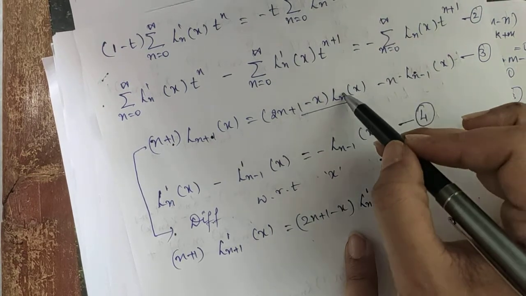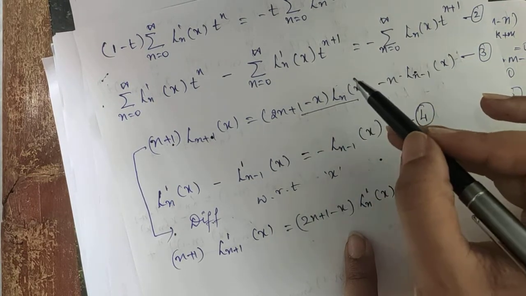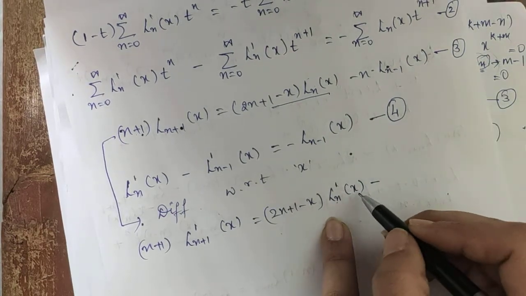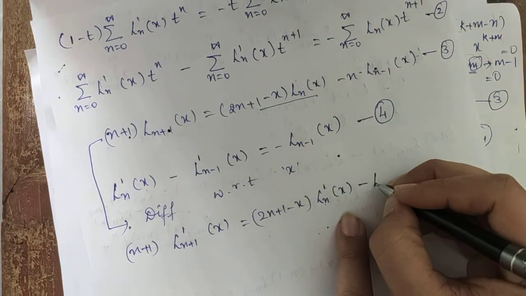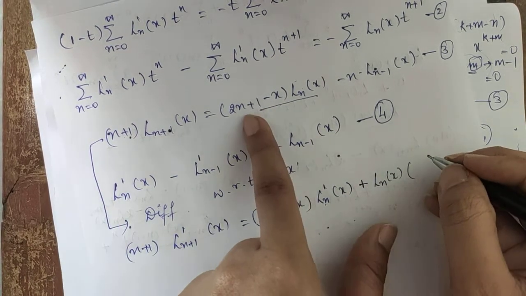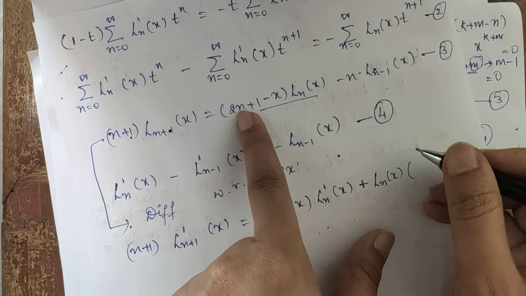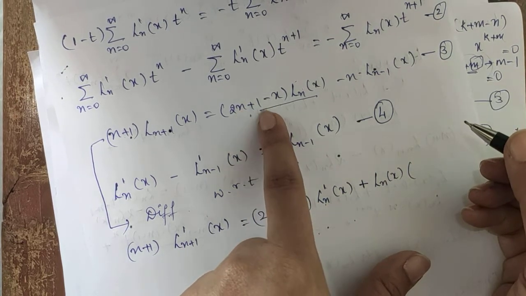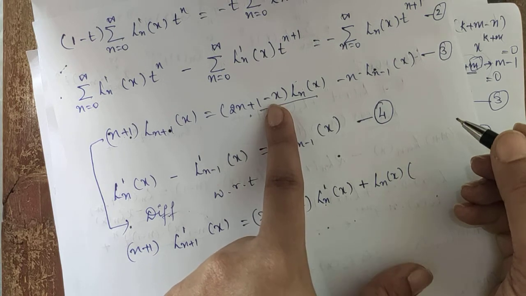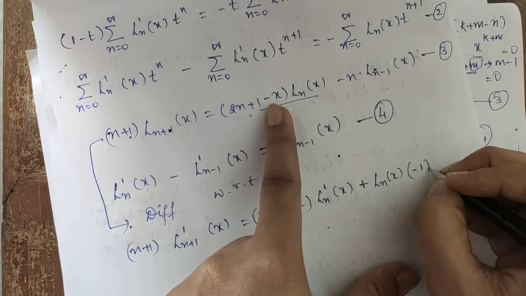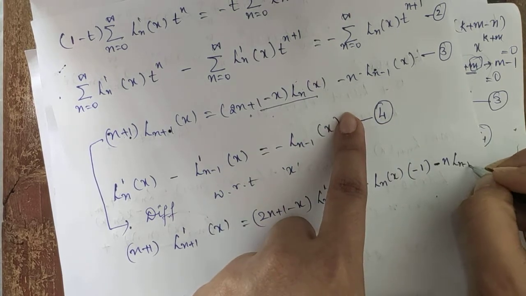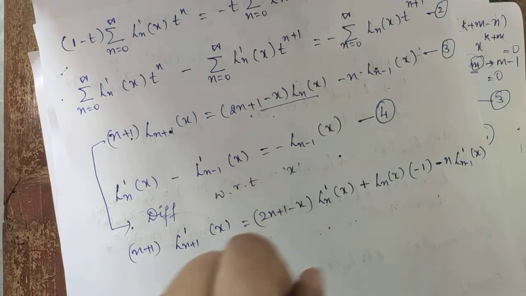I guess the next term is missed in your notes, just cross check with that. Okay. So ln dash of x, I will retain ln of x as it is. If I differentiate this with respect to x, n is some constant, 1 is constant, so here you will get 0. If you differentiate minus x with respect to x, you will get minus 1, minus n into ln minus 1 dash of x.